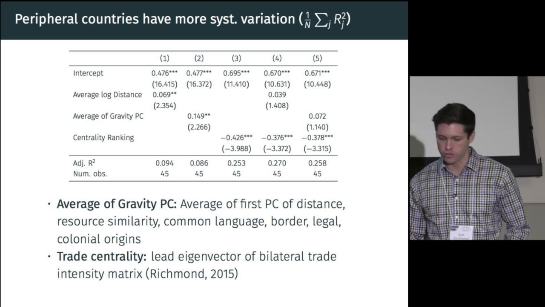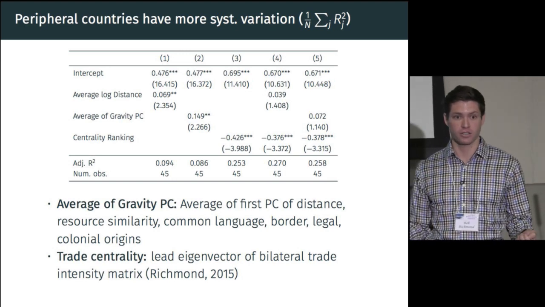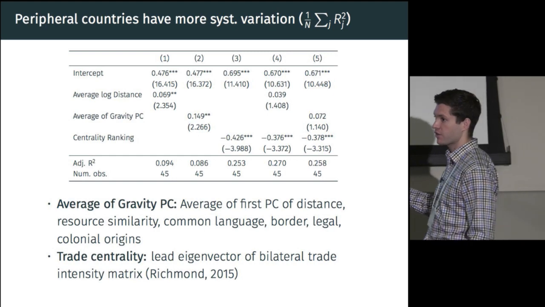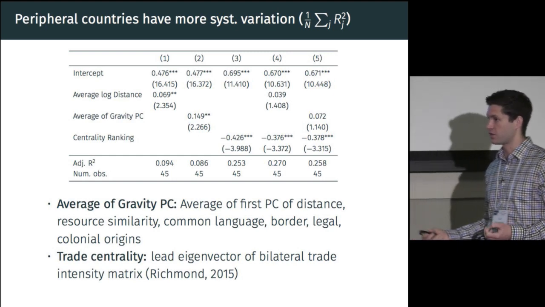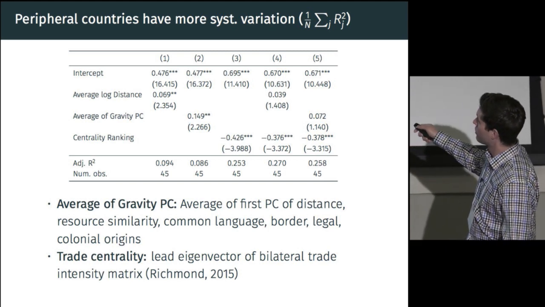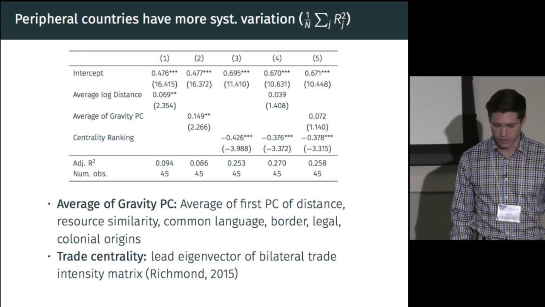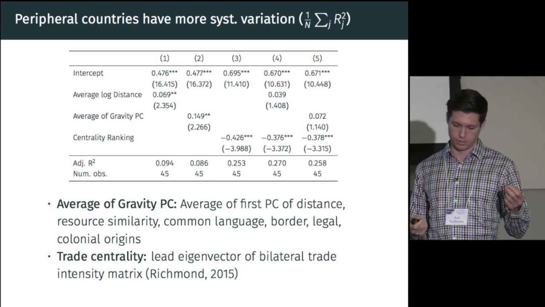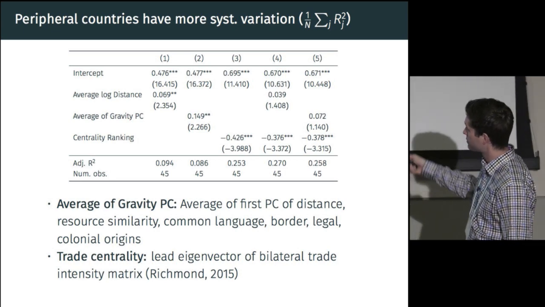Well, it turns out that countries that are on average distant from other countries have bilateral exchange rates that are more exposed to systematic variation. As you're further and further away from countries, your bilateral exchange rates have more systematic variation. We can do that with just distance, but we could also take the average of the first principal component of these gravity variables. We find a similar effect.